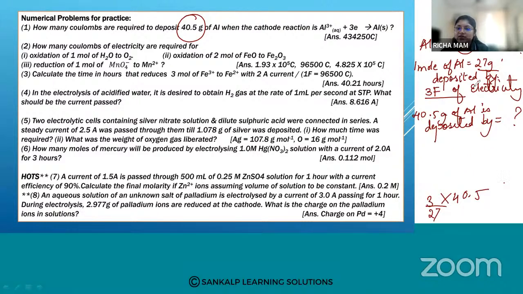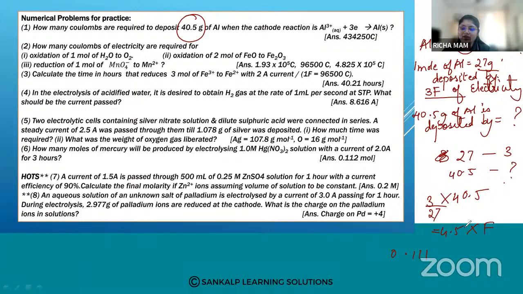So for 27, 3 Faraday. So for 40.5, how much? Cross multiply. So 3 by 27 into 40.5, into Faraday. First you calculate this, and then we'll multiply it by F. 3 by 27 will give you 0.111, into 40.5. So it is 4.5.